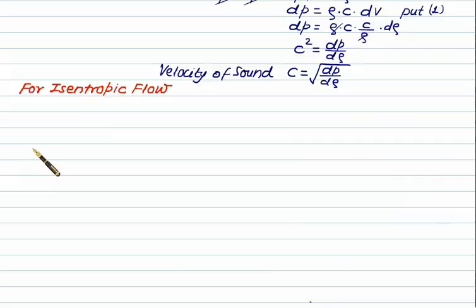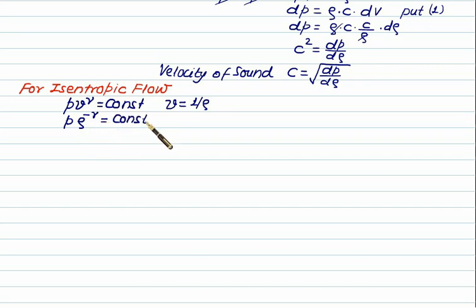In the case of isentropic flow, the generalized equation is given as PV to the power gamma equal to constant, and the reciprocal of density is the same as specific volume. So this equation can be written as P into rho to the power minus gamma equal to constant.